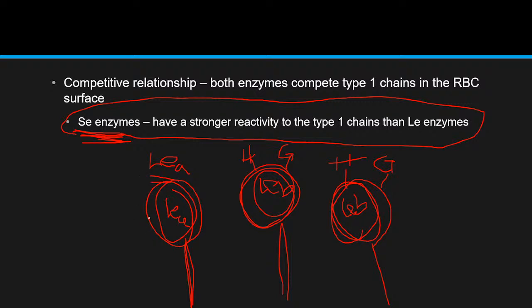No, no. In this case, in the Lewis blood group system, once an H antigen is formed, if you have the LEA allele, you will automatically have LEB and LEA. Okay? It just so happens it goes to an extra step to form LEB.